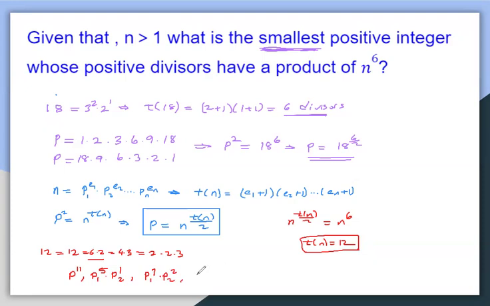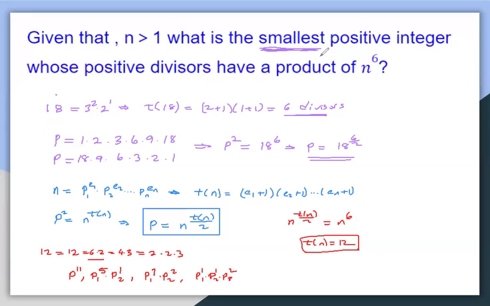The last one would be p1, p2 and p3, so prime 1, prime 2 and prime 3. Since we want to get 2, 3, and 2, the exponents should be 1, 1, and 2.